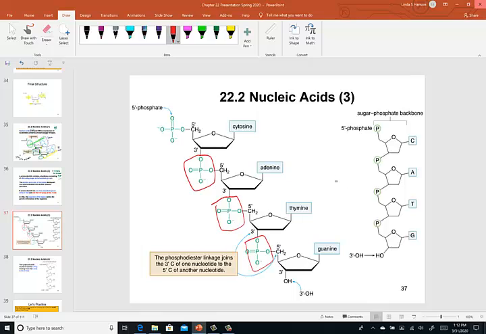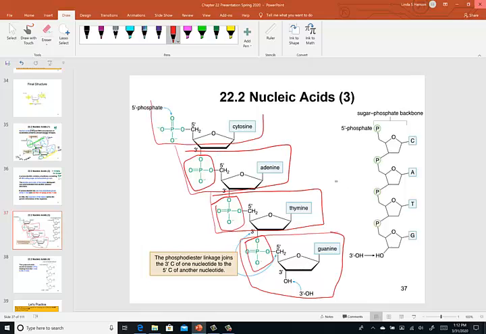So I'm noticing that one nucleotide is bonded to the next nucleotide, bonded to the next nucleotide, all in this series by a phosphodiester linkage. Very important word. The phosphodiester linkage is the phosphate that is attaching one group to the next group.